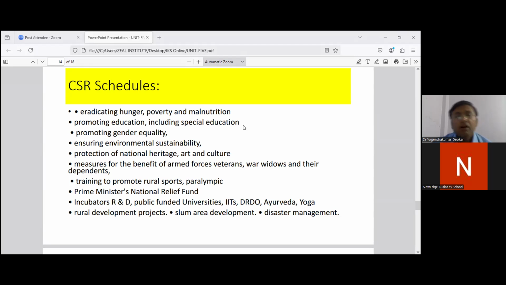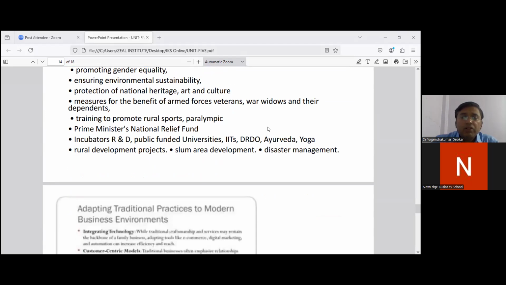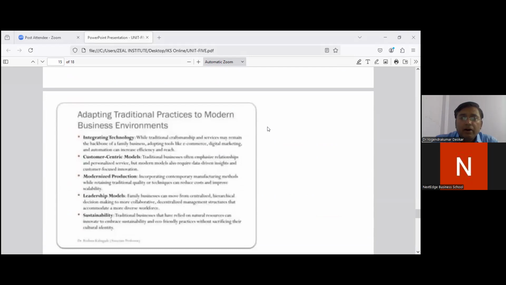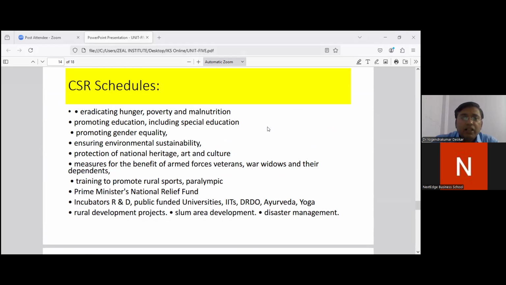And definitely the country will be a better place to live. That is why in IKS the Vasudhaiva Kutumbakam concept will be fulfilled: the whole world is my family. That concept, given by Bhagwan Krishna, will definitely become reality when we follow CSR activity.